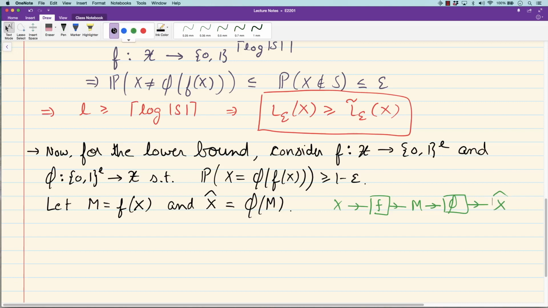So since uniform distribution maximizes entropy, this L must be greater than the entropy of this message m. This message m takes at most 2 to the power L values. But m is a function of x, right?